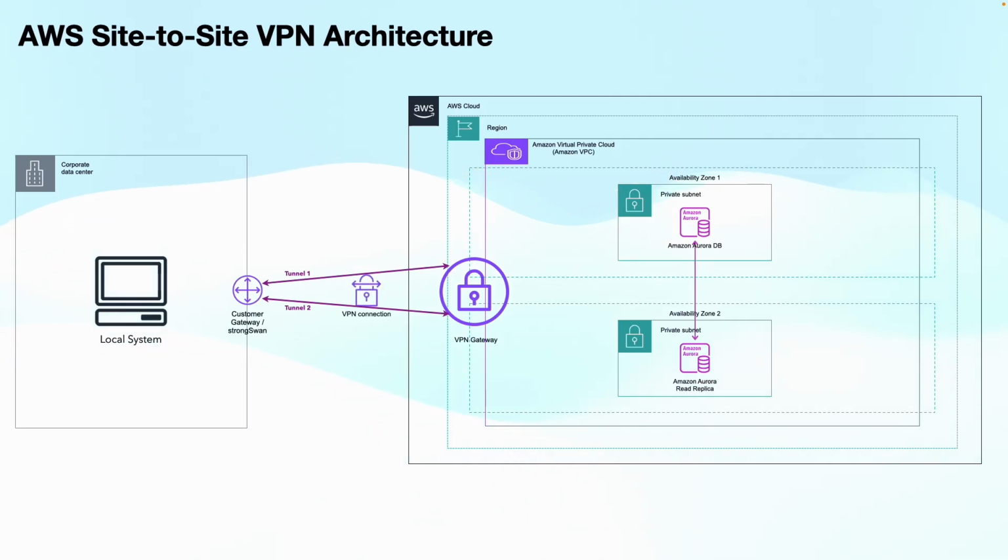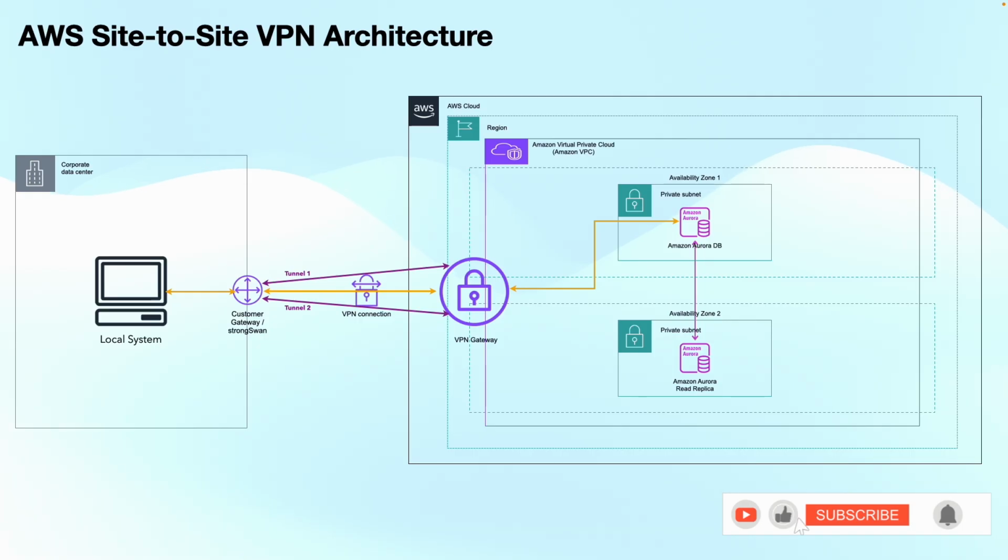Once we configure the AWS site-to-site VPN and both tunnels, we can access the database from our corporate data center directly. We don't need any public IP addresses. We can access those VPC resources securely using AWS site-to-site VPN. This is the architecture we will achieve, and I will show you how to do that step by step.